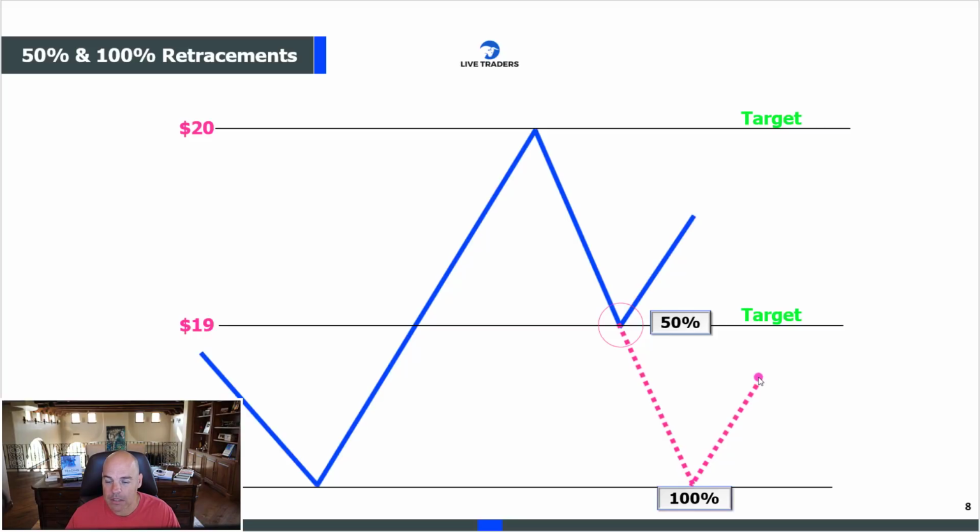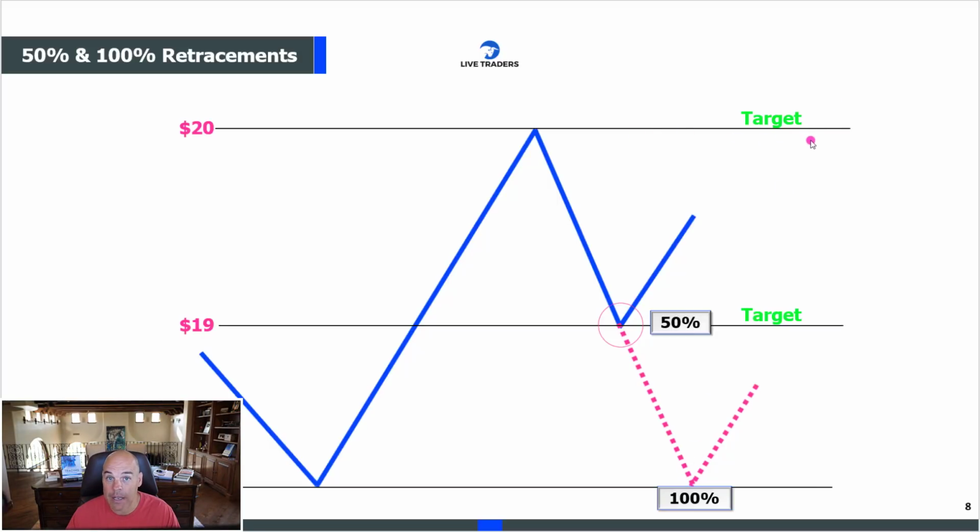So when it bounces, we also expect the bounce to be shallow, right? And in this case, about 50%. See, when you pull back 50% and bounce, we expect to break the prior high. But when you pull back 100%, we are not expecting to break the higher high.